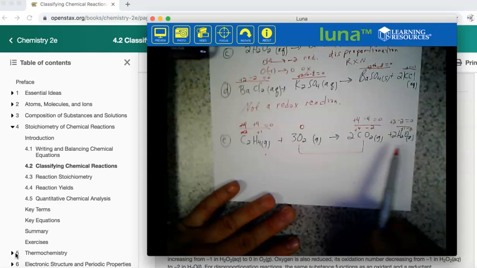Here we have our balanced reaction: 2 moles of aluminum react with 3 moles of iodine to yield 2 moles of aluminum iodide. It's asking how many moles of I2 are needed to react with 0.429 moles of aluminum.